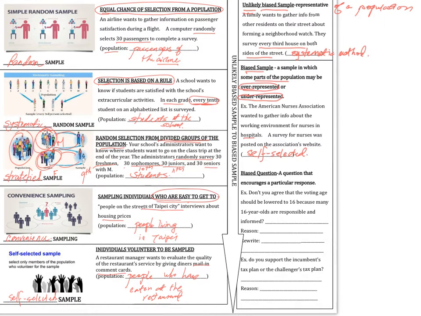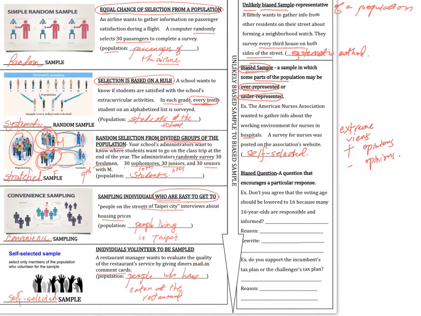This will most likely be a biased sample because only the nurses with extreme views might respond, either giving very positive opinions about the working environment or negative opinions. So we would consider this a biased sample.